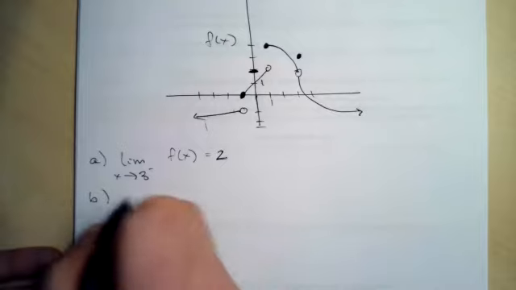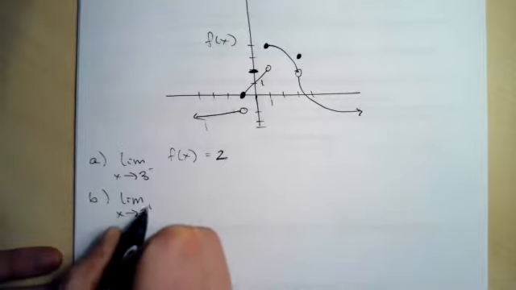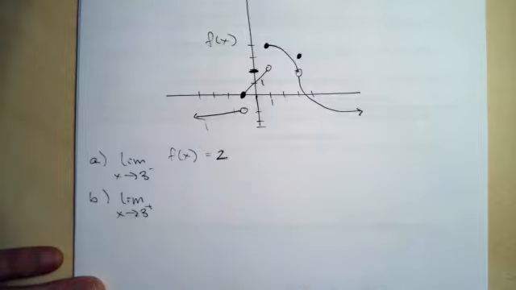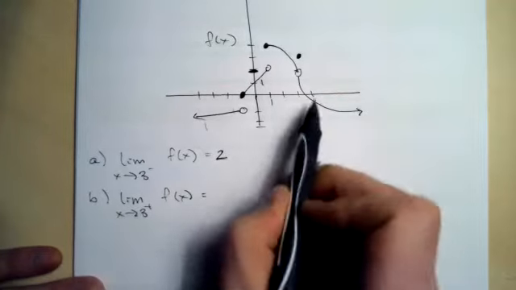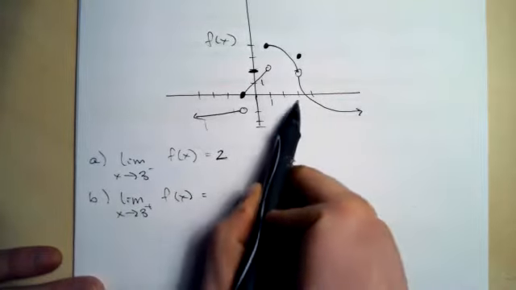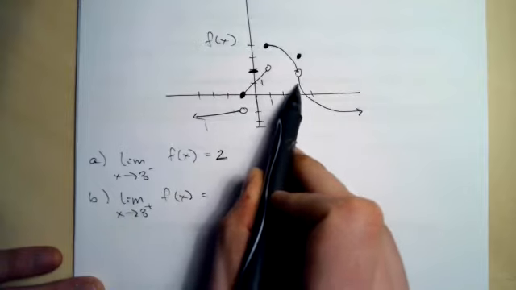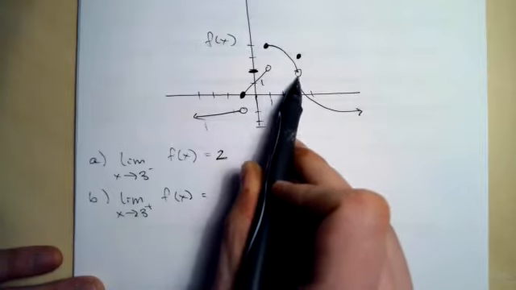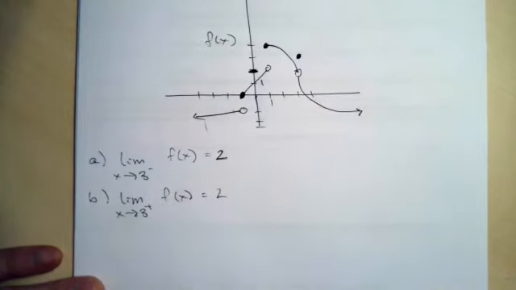The right-sided limit we denote as 3 with a superscript plus, means I trace the curve to the right of 3. I trace it back up until the x value gets to 3. And we want to know what's the y value we're approaching. So again, we have 2.